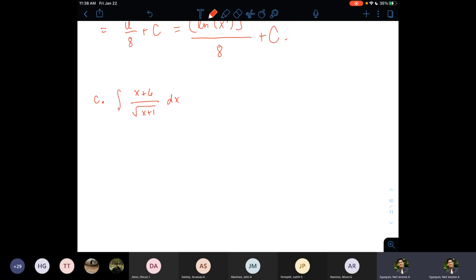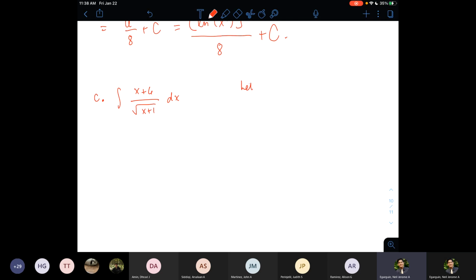Well, here again, the first suspect is the denominator, right? So I will take u to be something coming from the denominator. And I don't want to use the square root unless extremely necessary. So I'll start by trying u to be equal to x plus 1.